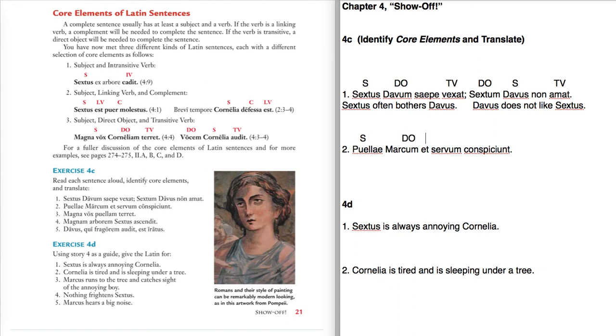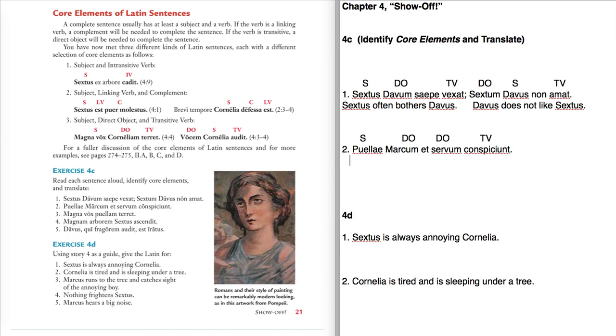Direct object, and then this is another transitive verb. So here we'll say the girls spot, or catch sight of, Marcus and the slave. Subject, transitive verb, two direct objects. So there's your answers for number 1 and 2.